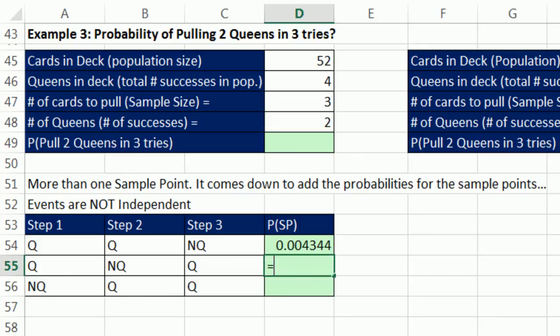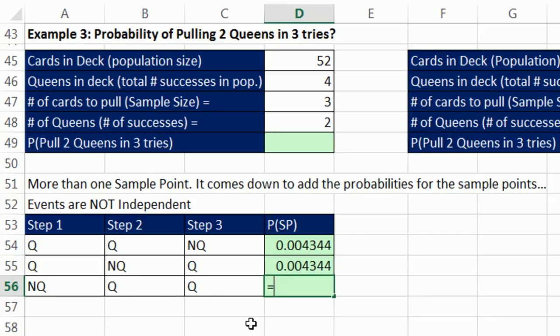So this one equals, well, 4 divided by 52 times not a queen. So in the numerator, I know there's 51 cards left, minus the 3 queens. That's not a queen, divided by 51, times, and I'm left with 3 divided by 50. Enter. Oh, it's exactly the same. But let's try and calculate this one just as we see it here, NQQQ.